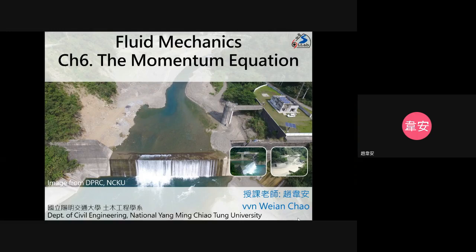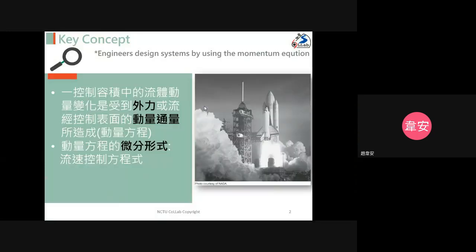In chapter 6, we move to another topic and change the physical property from mass to momentum. For this chapter, our target is momentum. So how significant is the difference compared to the continuity equation?